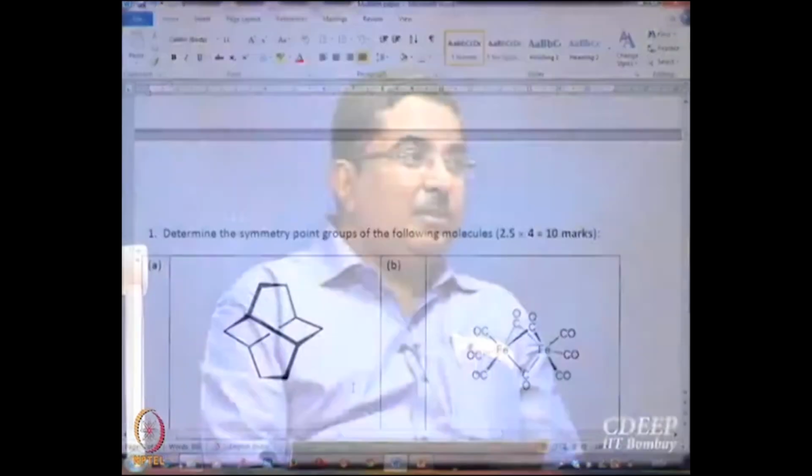2.5, right? So the way we are going to grade is, if you identify all the symmetry elements correctly and do not write anything extra and get the point group correct, then you get 2.5. If you write the correct symmetry elements and get the point group correct, but are innovative enough to identify more symmetry elements that other mortals cannot see, then you get 2.